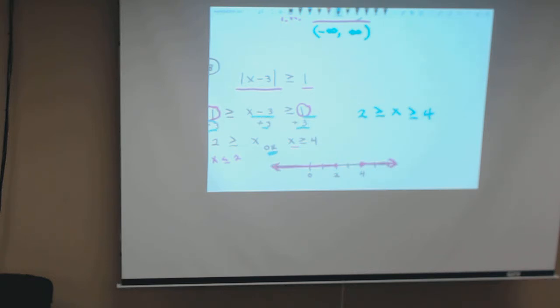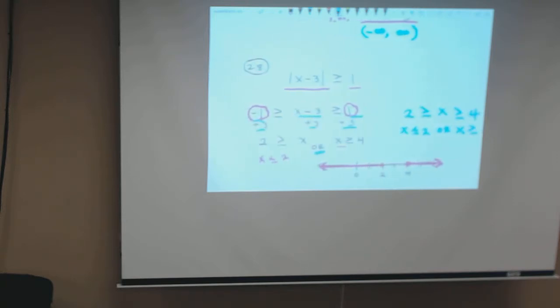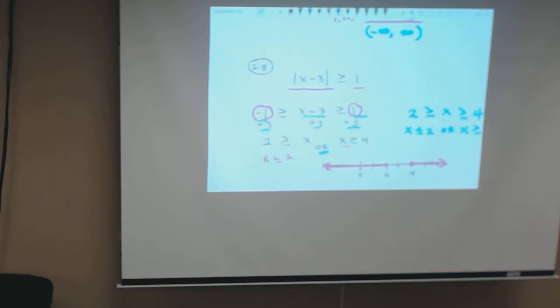But see, 2 is not greater than 4 because I'm really saying x is less than or equal to 2 or x is greater than or equal to 4. You follow what's going on? I just left it like this. It's almost like when I see this, I drop the absolute value signs and put this between that number and its opposite.